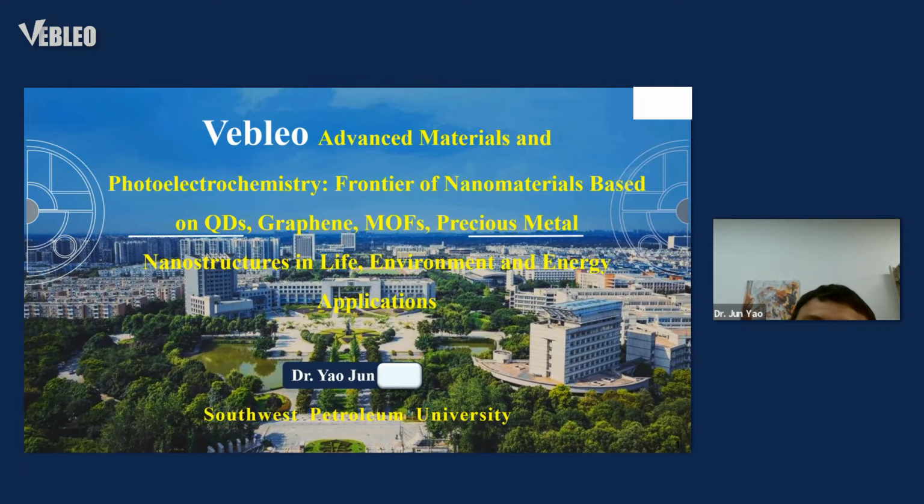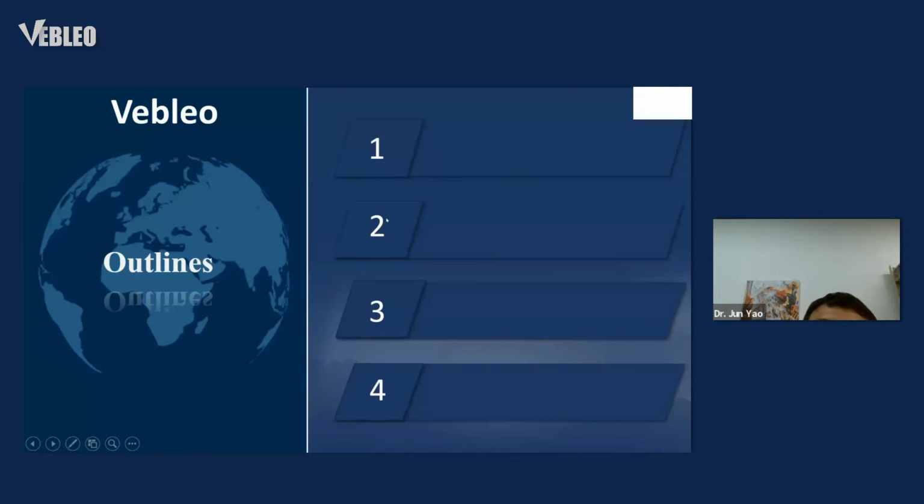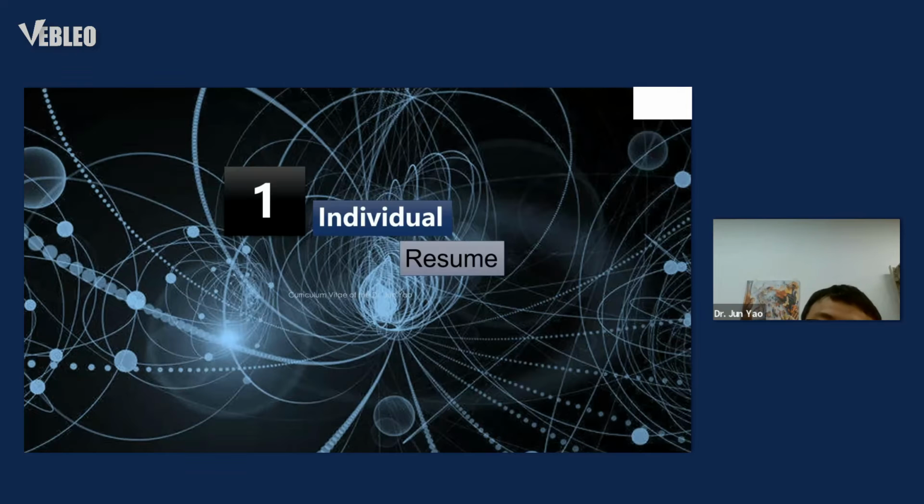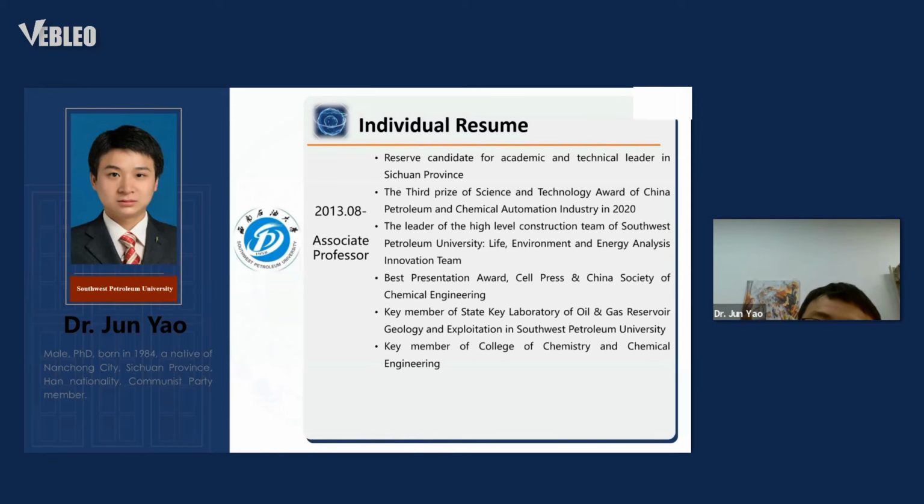Today I talk about advanced materials and photoelectrochemistry. My presentation is divided into 4 parts. I am a reserve candidate for academic and technical leaders in Sichuan province, and I lead the high-level construction team of Southwest Petroleum University.